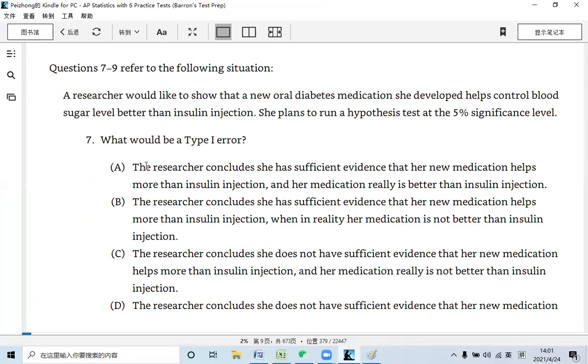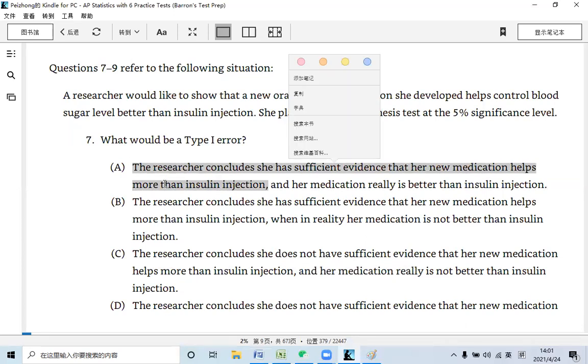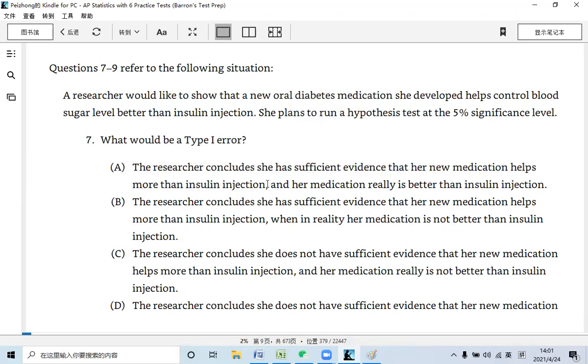Look at this one here. Is this type 1 error? Researcher concludes she has sufficient evidence her new medication helps more than insulin. So this is a decision. Is this decision rejecting the no hypothesis? Yes, it is rejecting the no hypothesis.